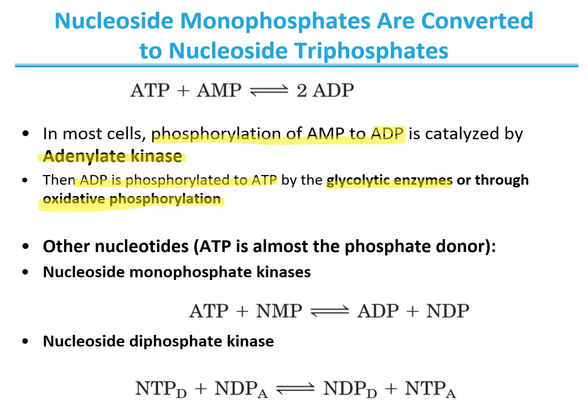And this ATP will always serve as a phosphate donor for any other nucleotide. So any nucleoside monophosphate can be converted into a diphosphate with the help of kinases, and as I said, ATP will be the phosphate donor, and similarly any nucleotide diphosphate can be converted into triphosphate with the help of kinases as well, and usually ATP is the donor for that reaction as well.